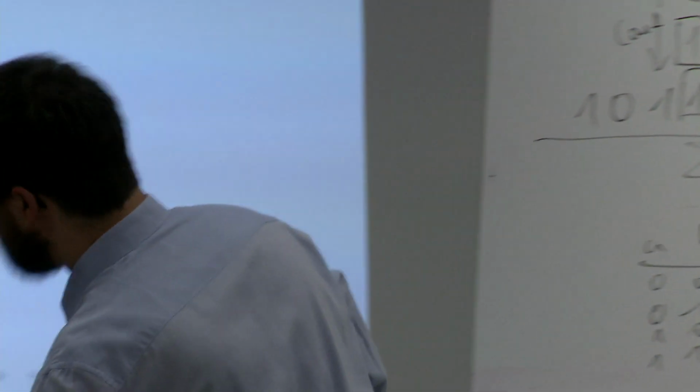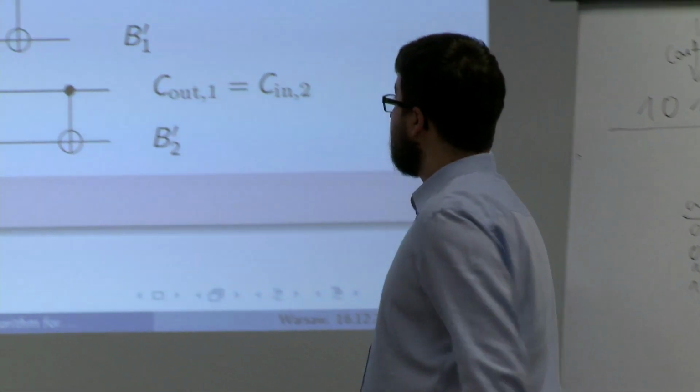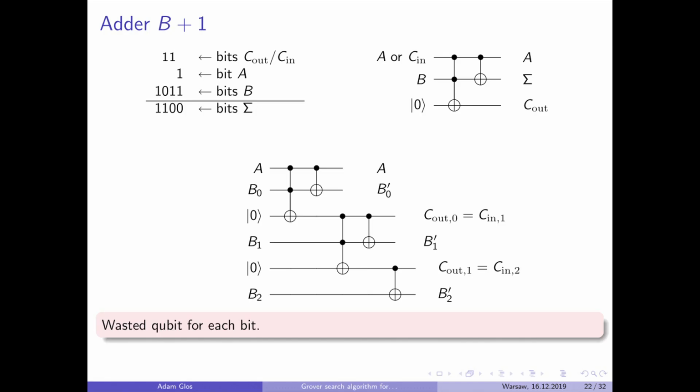So for a 3-digit number, it will look like this. For the first bit, A doesn't change, and B0 prime is changed dependently on the output of A. And here we have our cout, which is used for the next adder, which changes B1 into B1 prime, again which produces a cout.